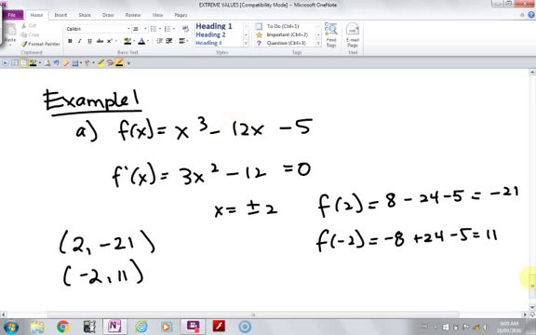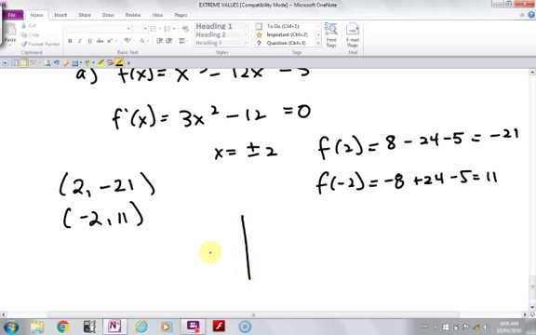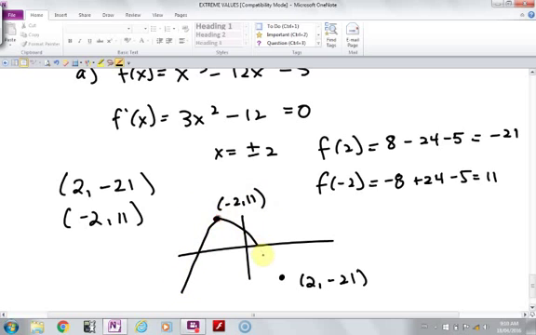Increasing in general, but we are going to have this little jag here. So at 2, I'm at negative 21 down here. And at negative 2, I'm at positive 11 here. Okay, and so obviously this has to be a maximum, and this has to be a minimum. Not drawn to scale, clearly.